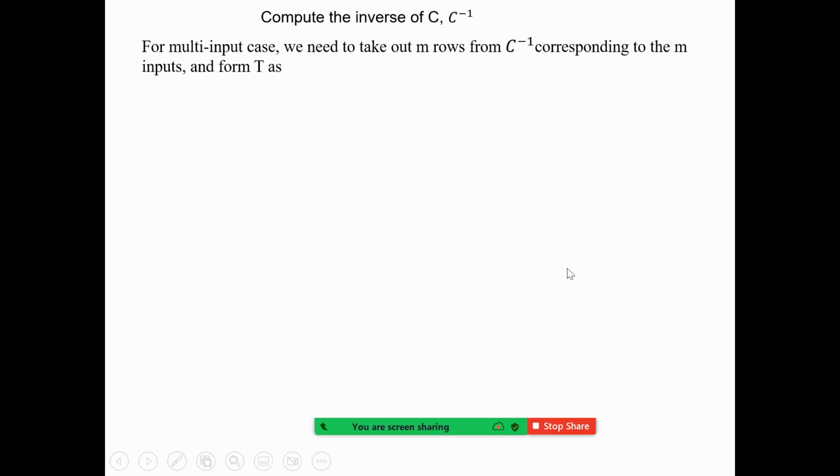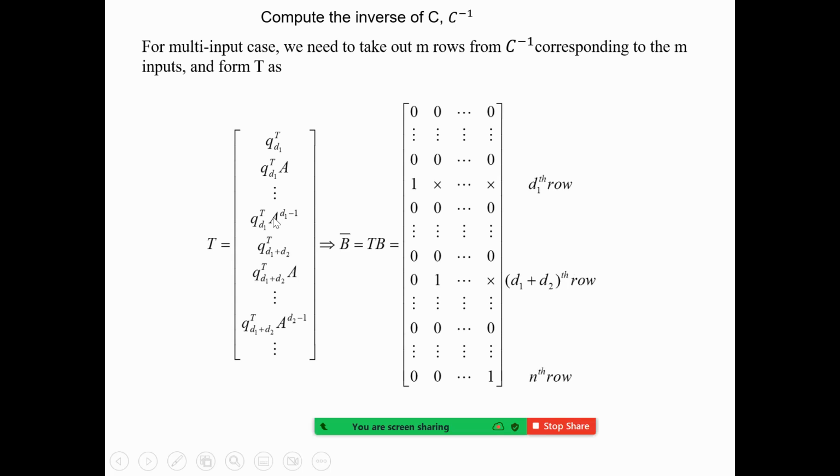For a single input case, you only need to take out one row from the inverse of C. You first look at D1, the number of vectors associated with the input. For the single input case, of course, D1 equals n, so you just take out the last row of this matrix.